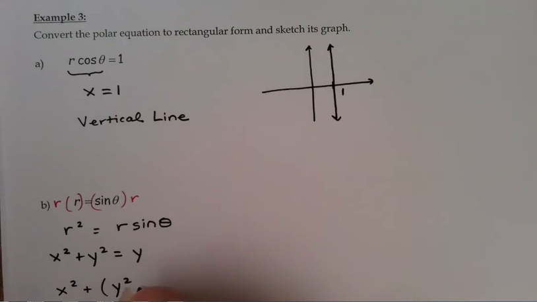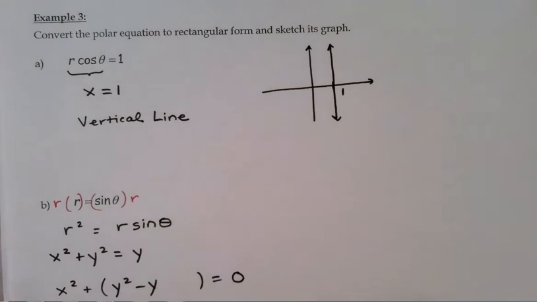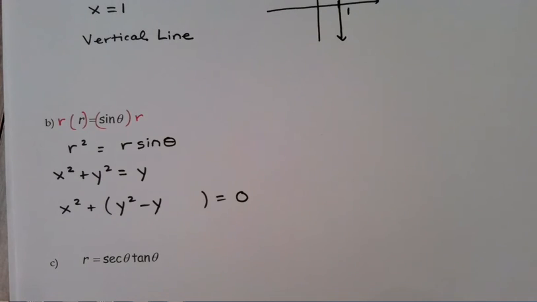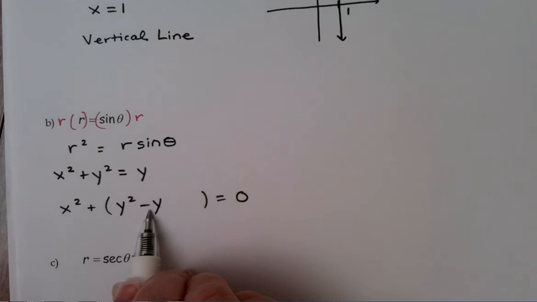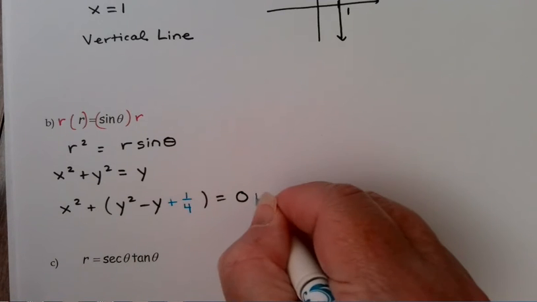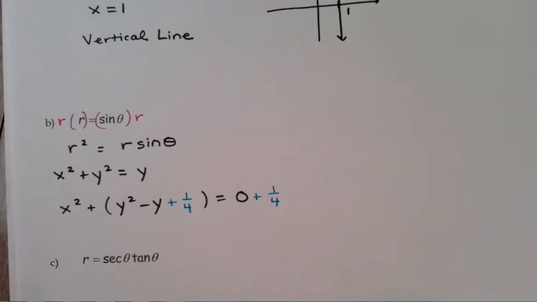So I'm going to subtract the y over, getting 0 on this side. And then to finish this off, I'm going to need to complete the square. See, half of 1 would be 1/2. Squared would be 1/4. So I'll add a 4th on both sides.